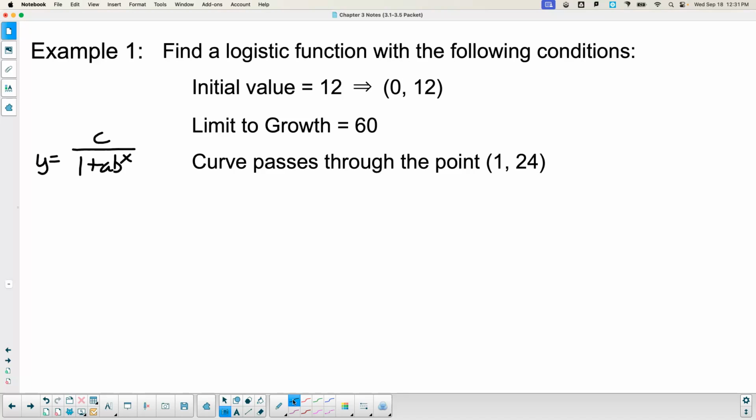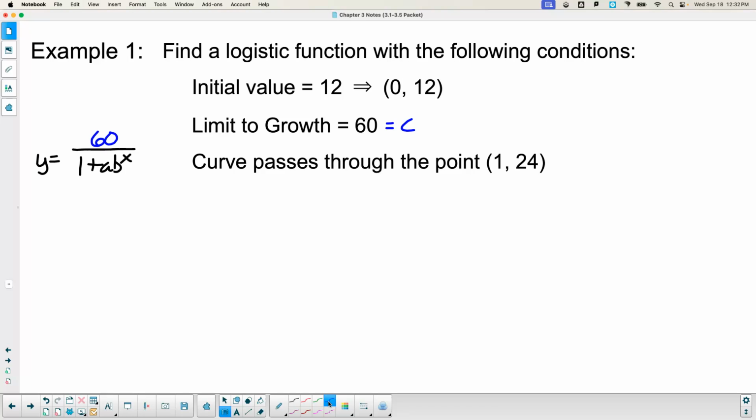I hate to be the bearer of bad news. That is not the one that we know. What's c? C is 60. That's the only one that we know, because the limit to growth is that c value, and that makes this be 60. So we know that.